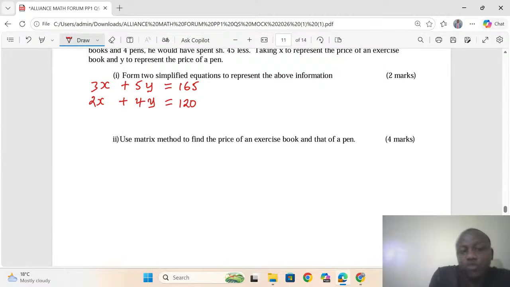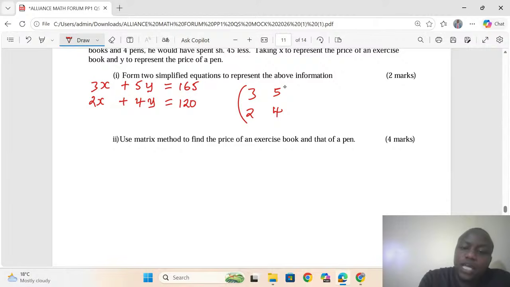Look at this. We are already having the equations here. Allow me to say that they are already simplified, though equation 2 can still be further simplified, but we can use it at that point. Now, this is a linear equation. We can form what we call a matrix equation. A matrix equation will be formed by taking the coefficients first: 3, 5, then 2, 4.